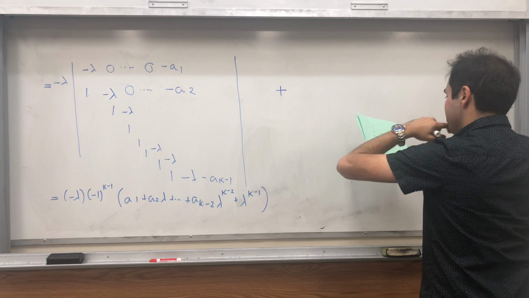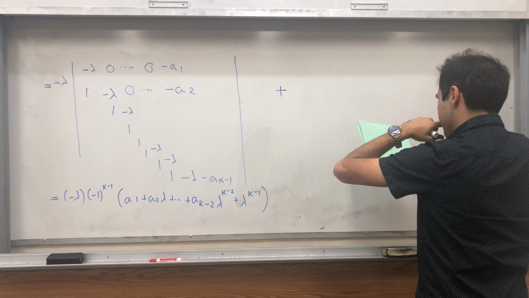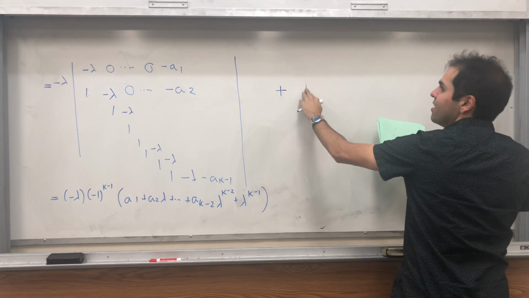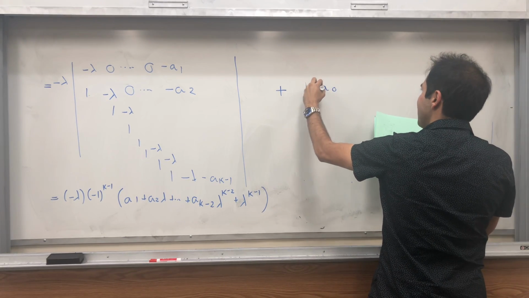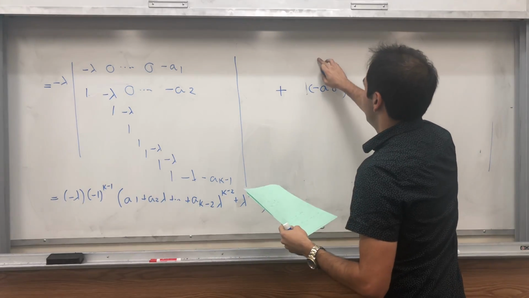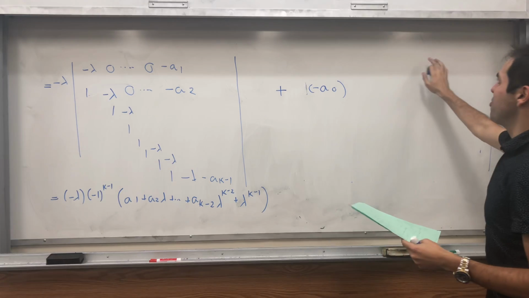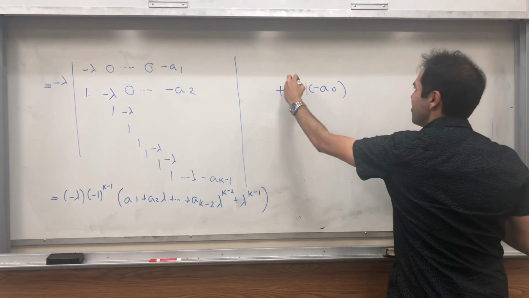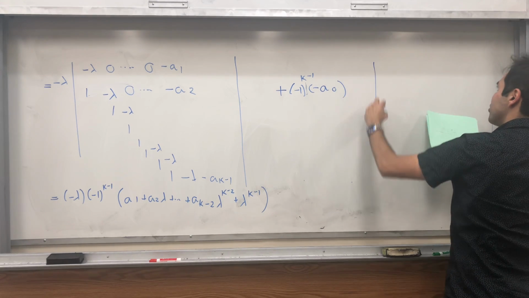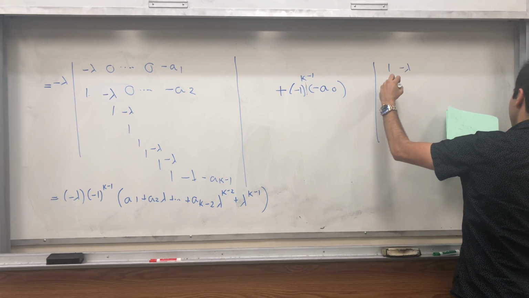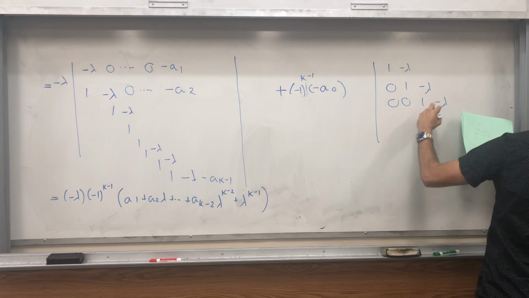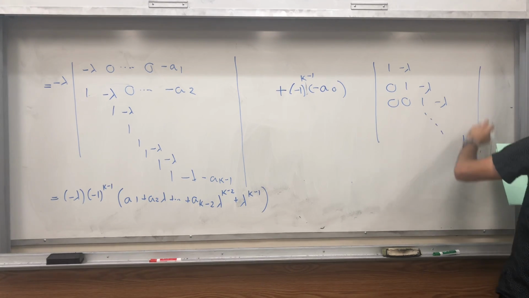We have an a0, but also remember we're jumping from plus to minus, so we have (-1)^{k-1} a0 times the determinant of the matrix with 1, minus lambda, 0, 1, minus lambda, 0, 0, 1, minus lambda, ..., up to 1.